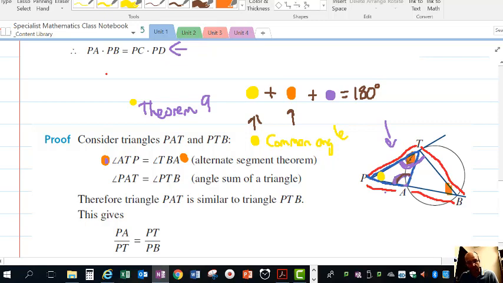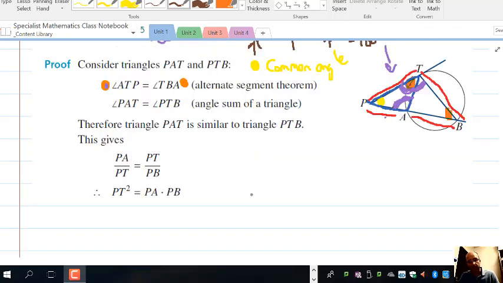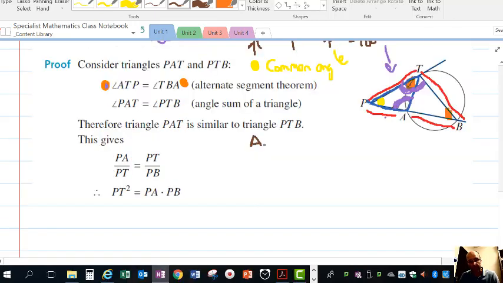The purple angles PAT and PTB, they have to be equal because they all equal 180, you see, so they are equal even though the diagram doesn't look that way. Therefore, according to AAA again, so I'll make sure that's put in there, that's the reason, the two triangles with the same names are similar due to angle, angle, angle, and we can compare their proportions together.